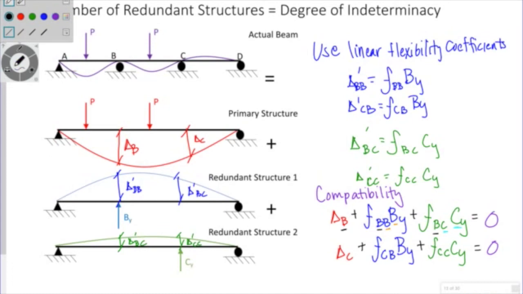Again, C, C, C. All of them are the deflections at C. One of them is in the primary structure, the first one. The second one is the deflection at C due to the force at B, so it needs to be multiplied by B. And the second one is the deflection at C due to the force at C, so multiply by C.